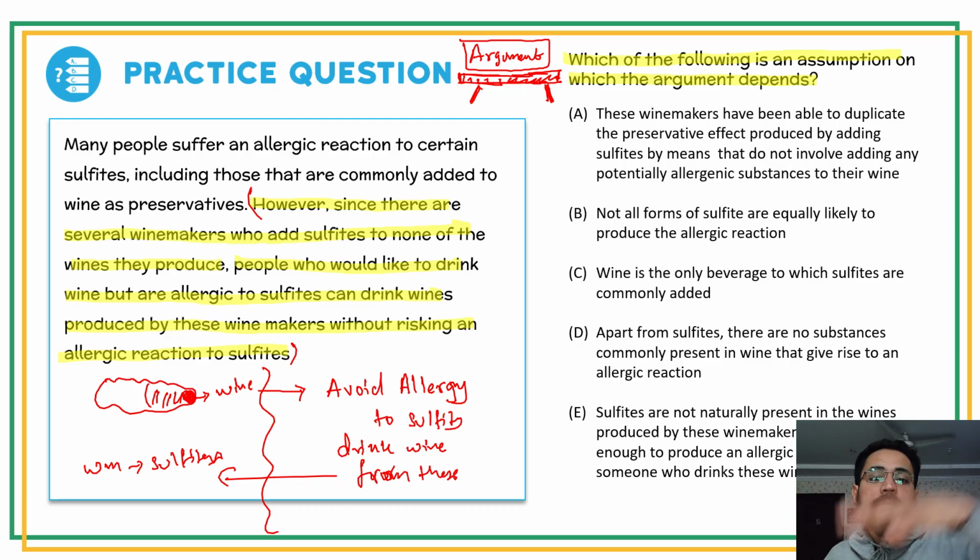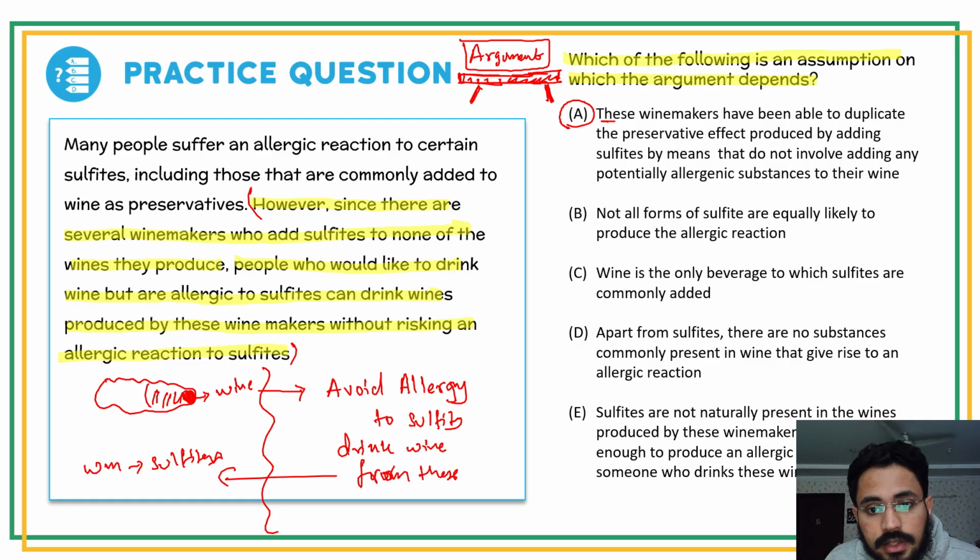Let's say I'm telling you that you are allergic to sulfites, and if you want to avoid sulfite allergy from wine consumption, you should be consuming wine from winemakers who are not adding sulfites to their wines. What can you say in return that would completely make my argument drop? So that's what I'm going to do. I'm going to assume the opposite of what the options are saying.